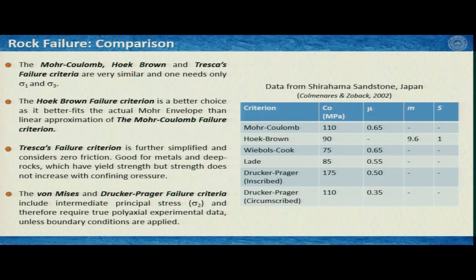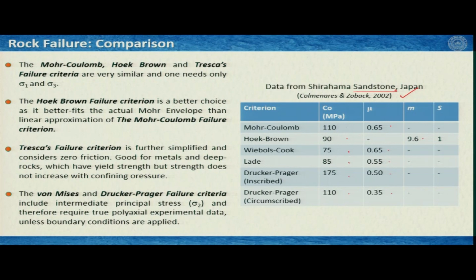Now, what we see here is some data that you can get from a sandstone, which I took from this paper, and you see for different failure criteria these values do vary significantly, and therefore it is important to understand which failure criterion I should use at which point, or for which particular application I am going to do.